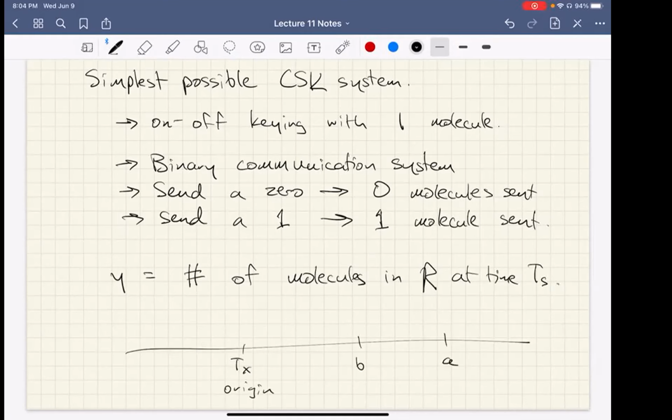And the idea is at time TS, I count the number of molecules Y that are in the region. There are different ways you could do this, but this particular way is relatively straightforward to analyze.